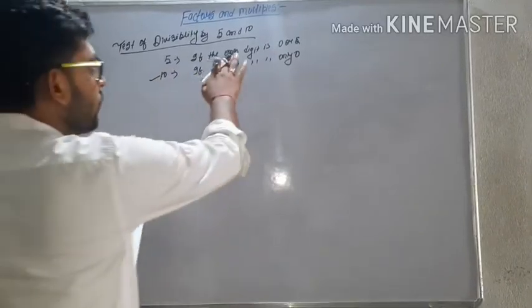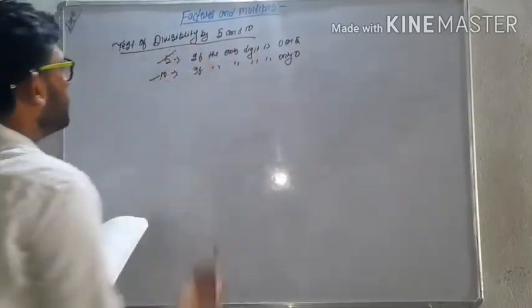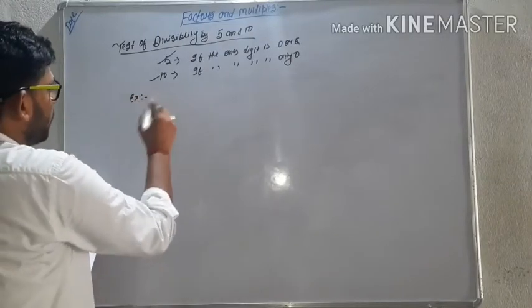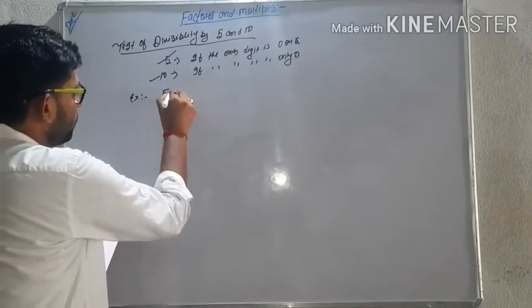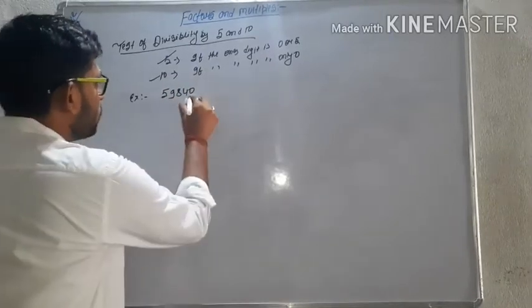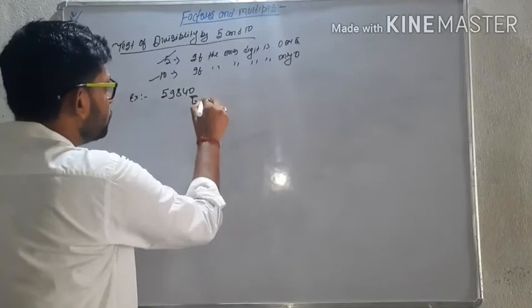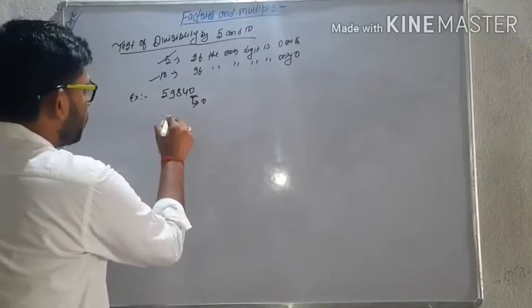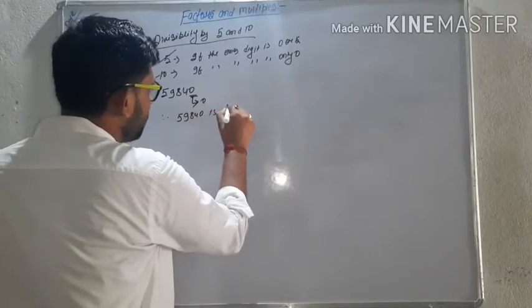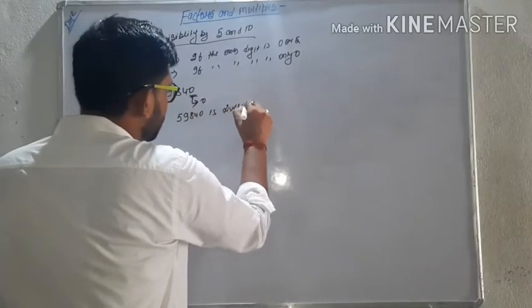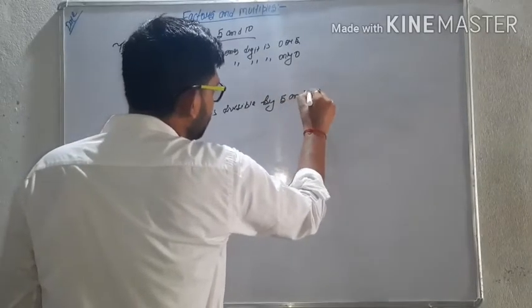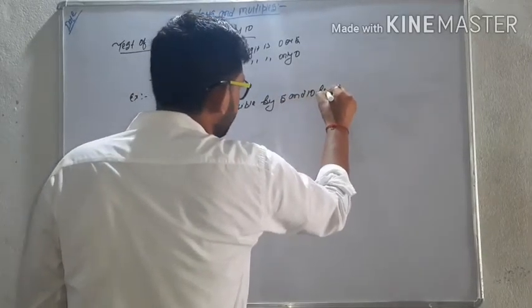Now let's take an example: 59840. Here the unit digit is 0, so 59840 is divisible by both 5 and 10.